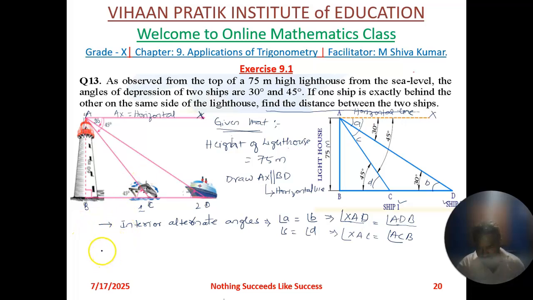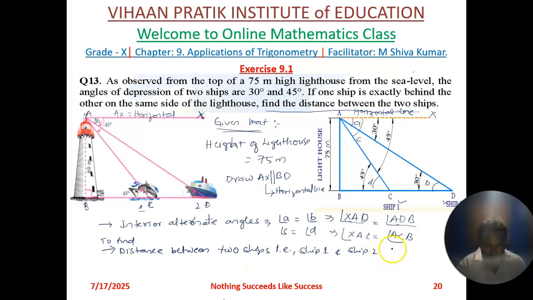To find the distance between two ships, that is ship 1 and ship 2, equals CD. So we need to find out CD.